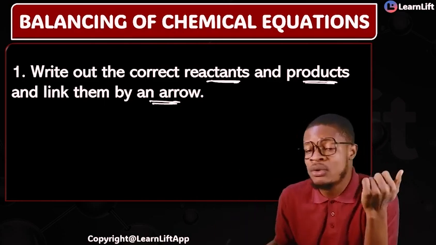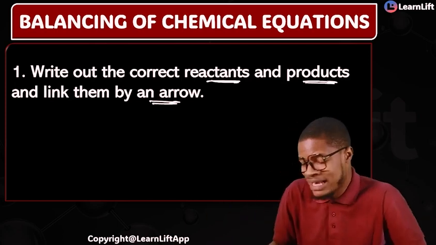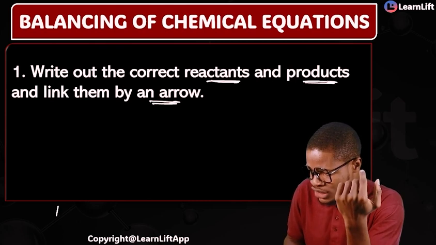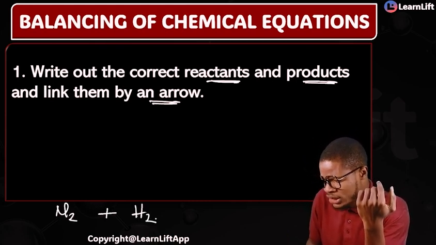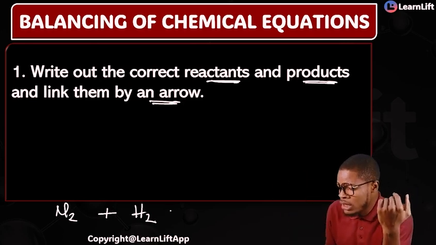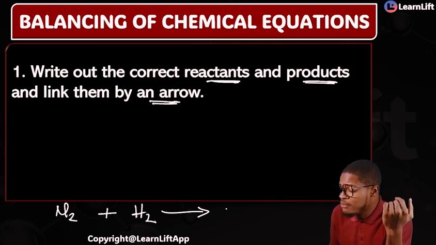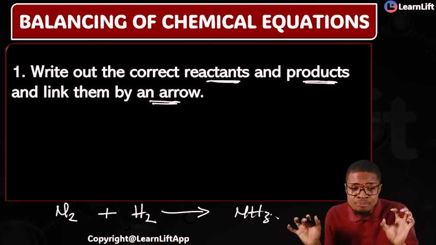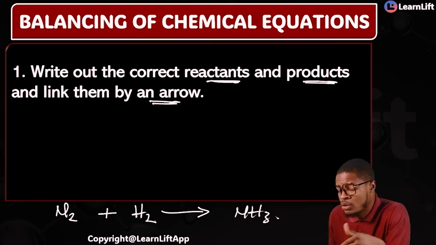Okay, let's say, for example, the formation of ammonia, the Haber process, where nitrogen is going to combine with hydrogen. If nitrogen is combining with hydrogen, what is it going to give me? Of course, link them with an arrow. It's going to give me ammonia, NH3.